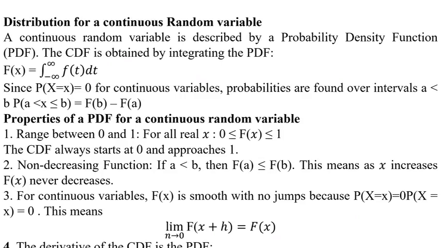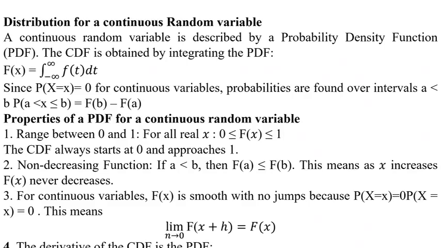The CDF is obtained by integrating the PDF. To obtain the CDF of a continuous random variable, we integrate the probability density function. When we integrate the probability density function of a continuous random variable, it gives us the CDF, the cumulative distribution function.